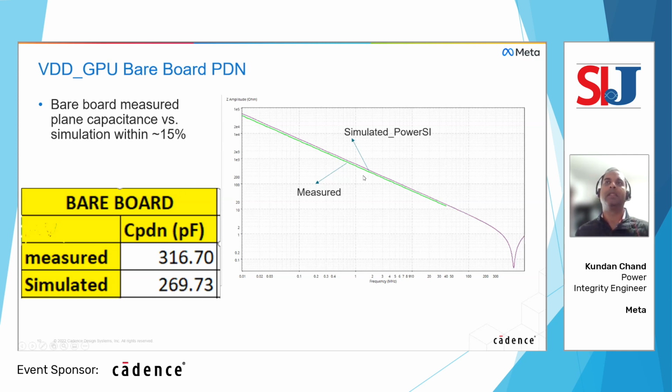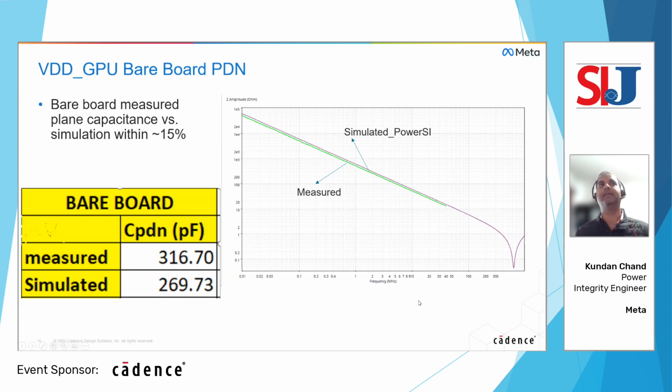We are still looking into the cross section and the dielectric parameters for the board to try to close the correlation gap. So this was just for the bare board, and we were able to be in the ballpark for the correlation.